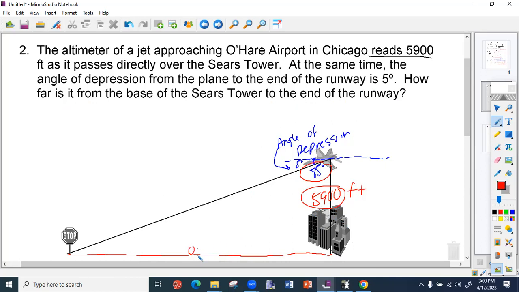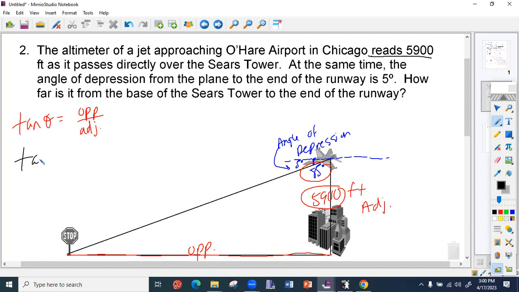We're looking for our opposite. And because we're looking for our opposite and we're given our adjacent, it's the tangent. We're going to be using our tan ratio. That's because tan theta equals your opposite over your adjacent. Okay? So we're going to fill in everything that we have and solve for what we don't.